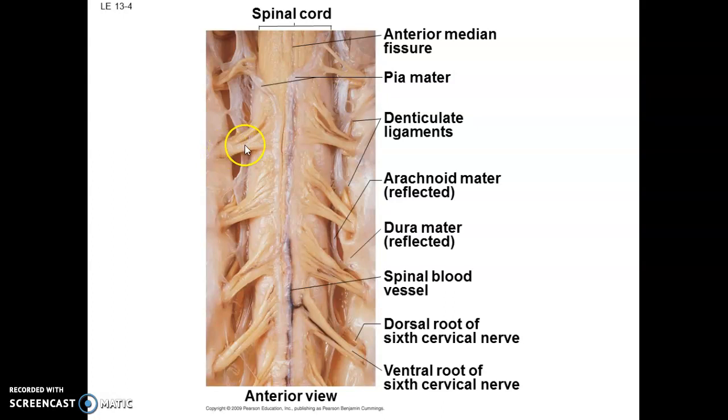These are spinal nerve roots, the ventral root of the spinal cord. So this is looking at the spinal cord from front to back. Over here is the dura mater reflected. And as you can see here, this is in the cervical spine, ventral root of the 6th cervical nerve.